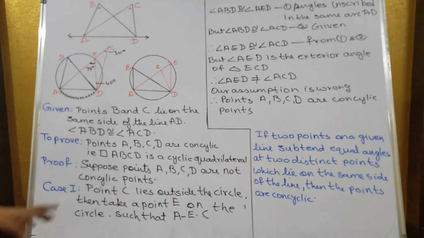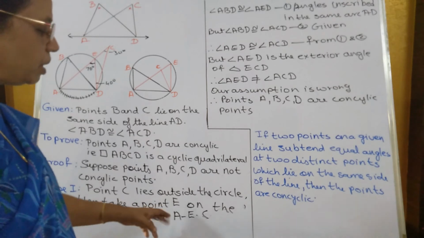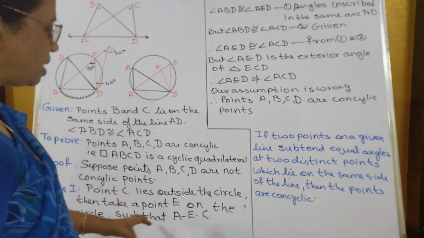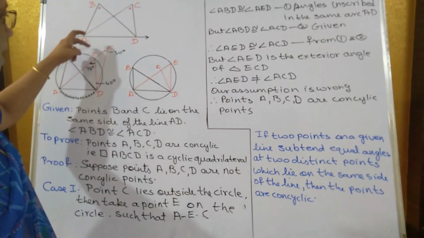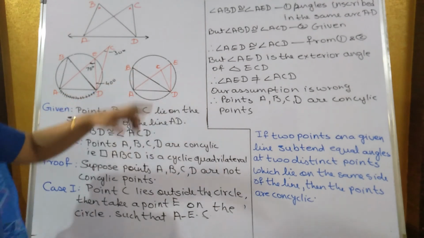Here we had taken point C outside the circle, then a point E on the circle such that A, E, C. So the only difference is this much. The rest will remain the same in case 2, when point C is inside the circle.